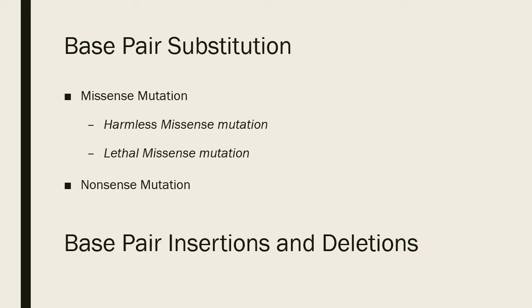The other category of missense mutation is the lethal missense mutation, in which the alteration of a single amino acid in an important area of a protein significantly alters the protein. Such mutations are dangerous because they create useless or less active proteins that impair cellular functions.